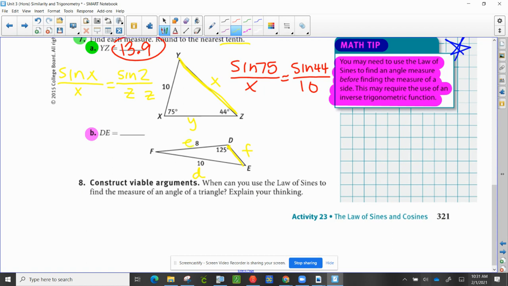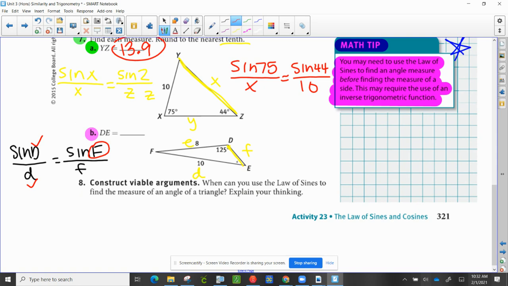If I'm going to use the law of sines here, I can use the sine of d over little d. And if I have to find DE, that means I have to know the sine of f, over little f. Right now I know the angle D and the length of little d, but I don't know either of these. So that's what they're saying: you may need to use the law of sines to find this angle first before you can actually solve the problem.